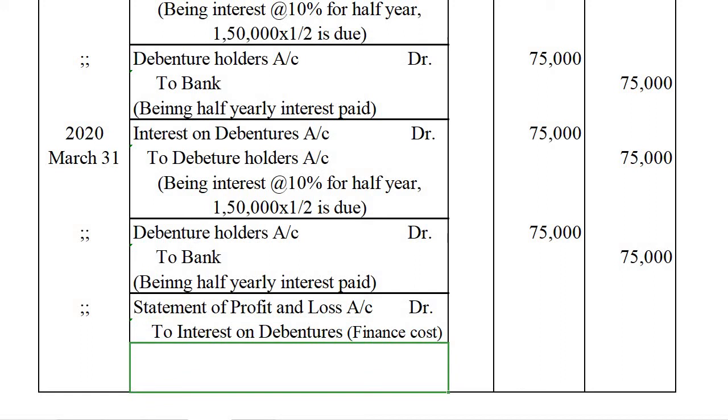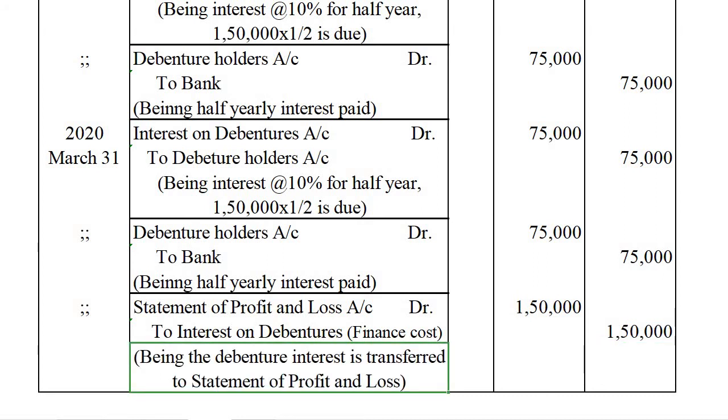This is for understanding purposes: I have written in brackets that it will be shown under the head finance cost. The amount is 75,000 plus 75,000, 1,50,000 we have to transfer, and the narration is: being the debenture interest is transferred to Statement of Profit and Loss.